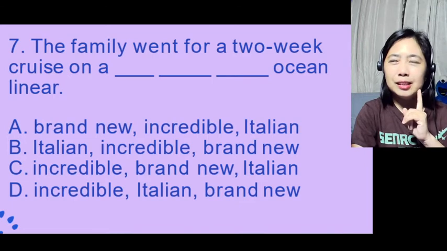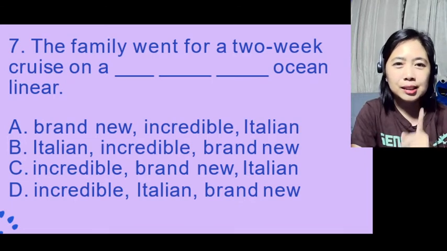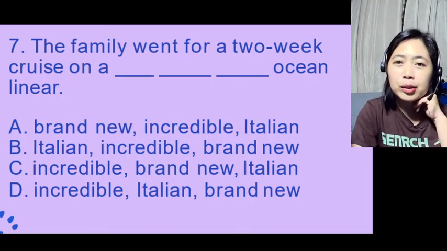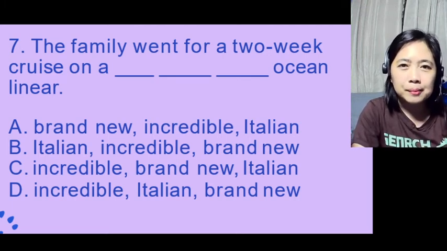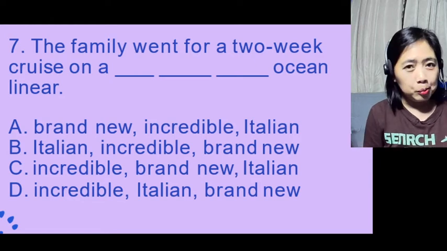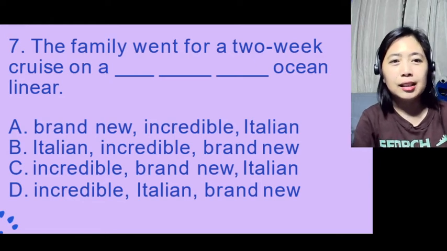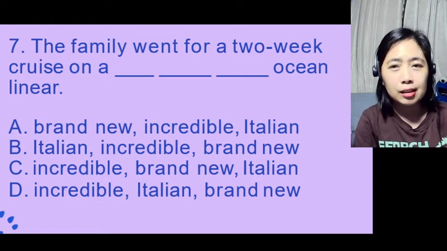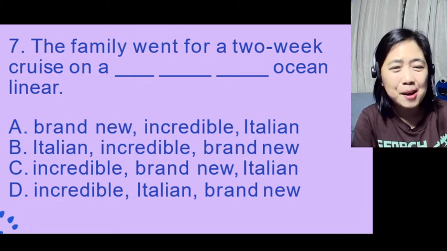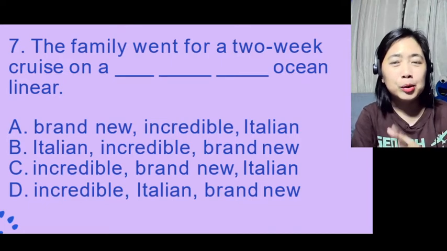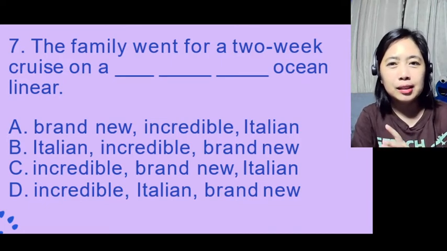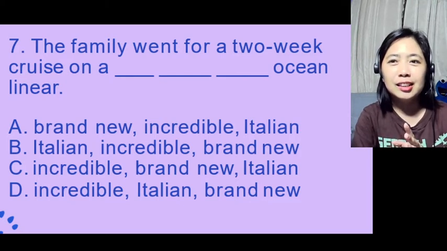Very quick tip here: before your blank, there is the article "a". I hope we already have the prior knowledge that we use the article "a" before a word that starts with a consonant.